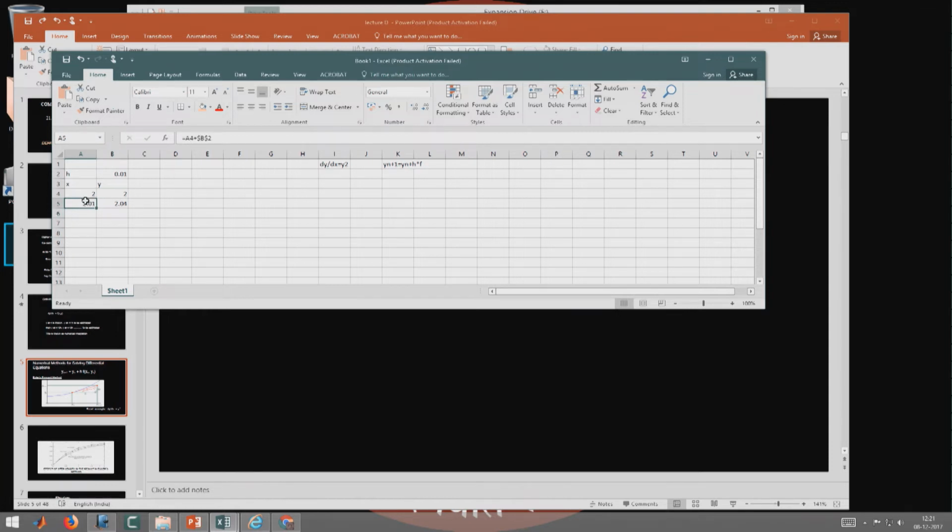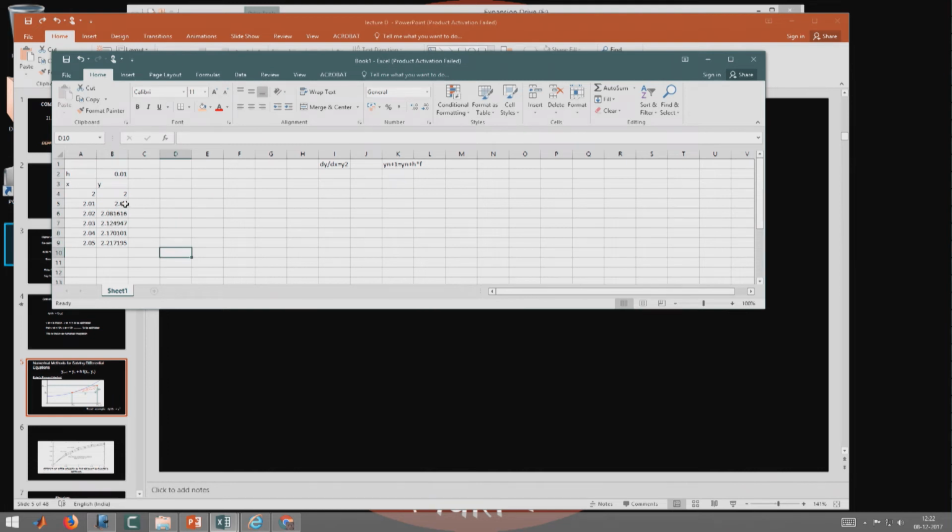So we can calculate each step, B4 into $B2 plus B4 square. Then we can calculate.